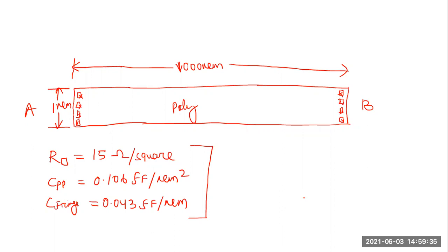Got my point? Here we have the length and the width, not height. Height we don't have, that's why it is given as femtofarad per micrometer square or femtofarad per micrometer. That is included.